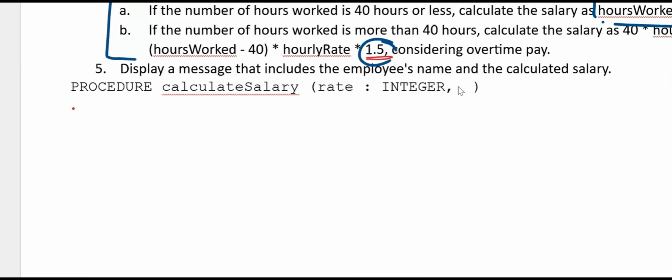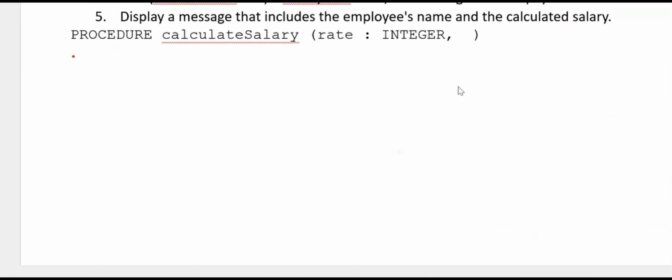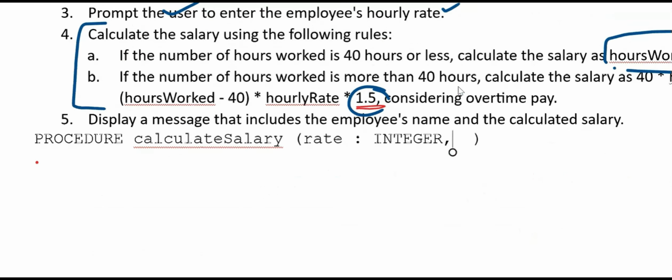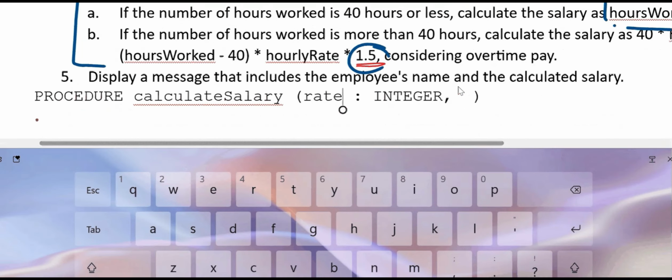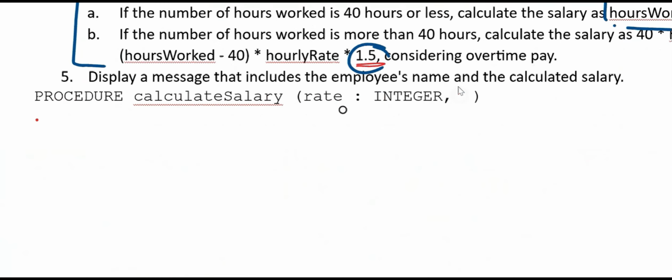We're going to do this in detail when we do the programming, but right now I'm just going to tell you one thing. Whenever a procedure takes any variable, it is not using the exact variable that you are sending it. For example, when we use the call, then you're going to send it the hourly rate, but it will be used as rate inside that procedure.